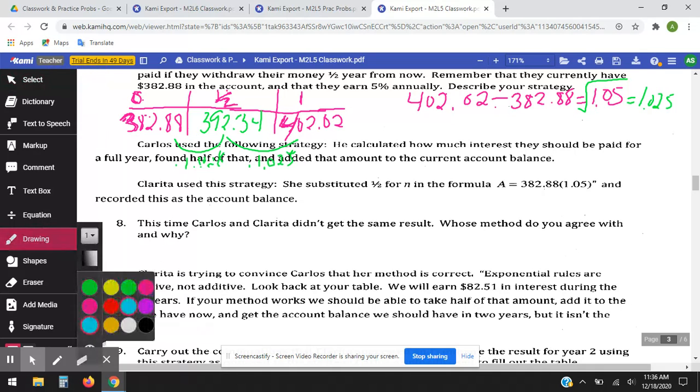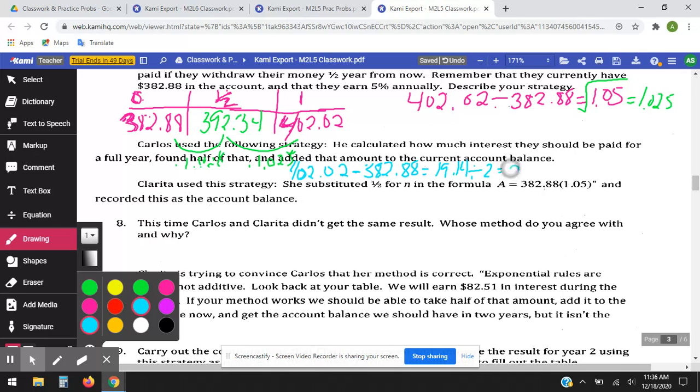So Carlos says, I want to take half of the amount we had. So he's going to go 402.02 minus 382.88, and that gets 19.14. So that's how much interest they got the first year. Divide it by 2, since we only went half a year. It's 9.57.